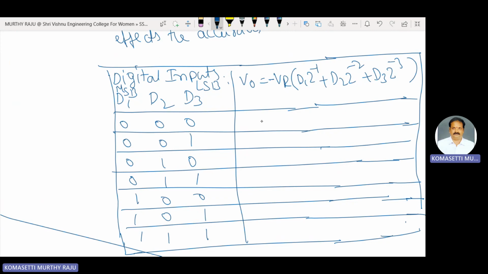All are zeros, output is 0. Suppose D3 is 1, V0 is minus VR by 2 cube, that is 8.